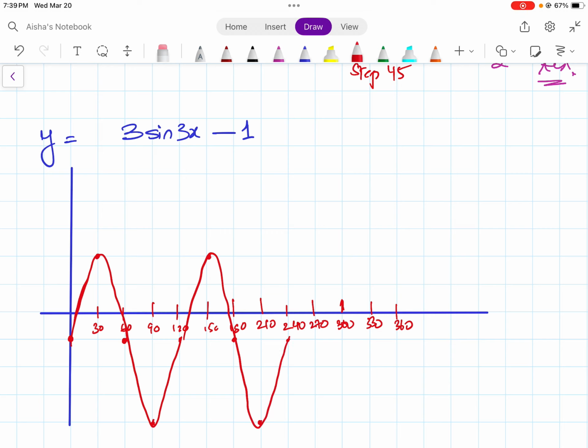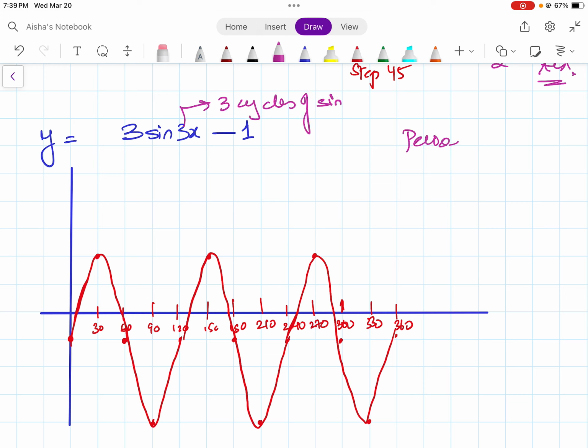Second cycle. Third cycle. So this 3 means 3 cycles of sine. What will the period be? 360 divided by frequency, so the period here is 120 degrees.